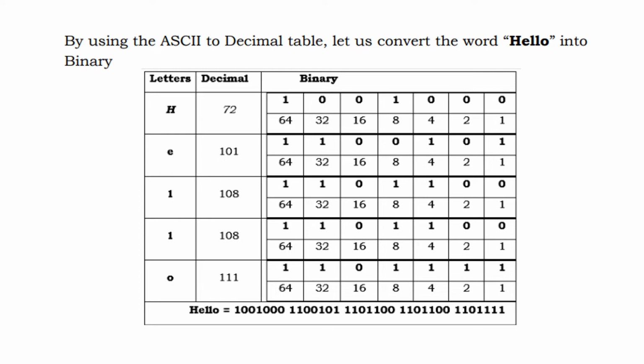And then 2 divided by 2, the answer is 1, remainder 0. Can we still divide 1 by 2? You cannot divide 1 by 2. So, our final answer will be 1, 0, 0, 1, 0, 0, 0.